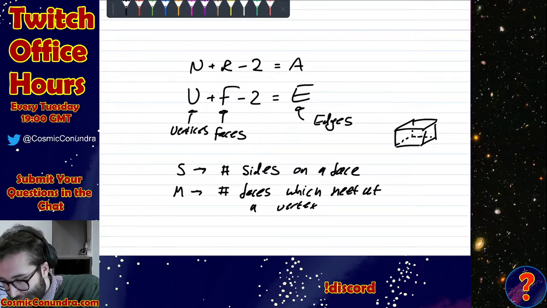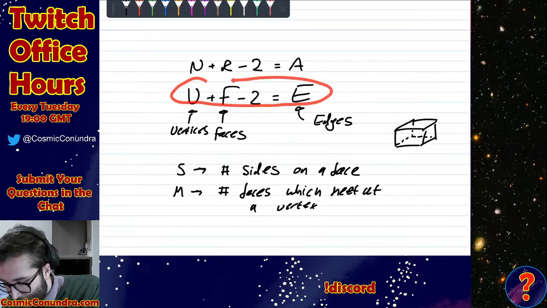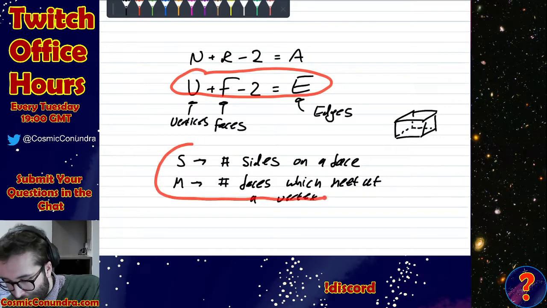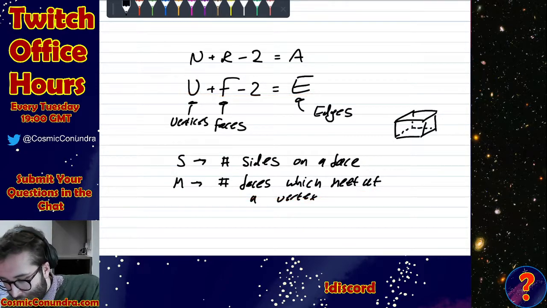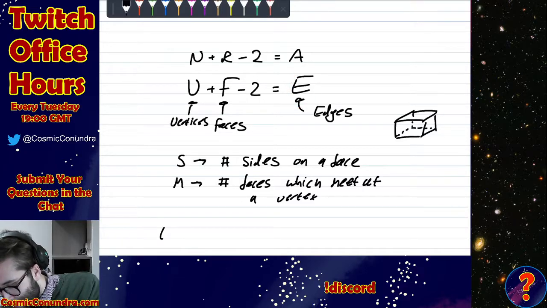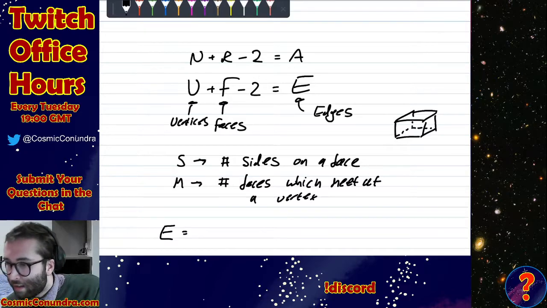So we can relate some of these quantities here to these quantities here. How can we do that? Okay, so the number of edges the shape has. Well, there are sort of two ways we can figure out the number of edges the shape has.